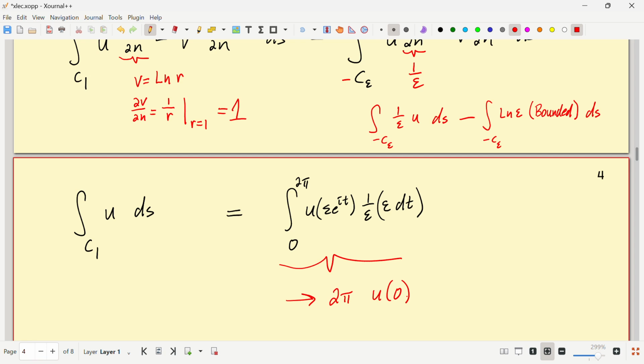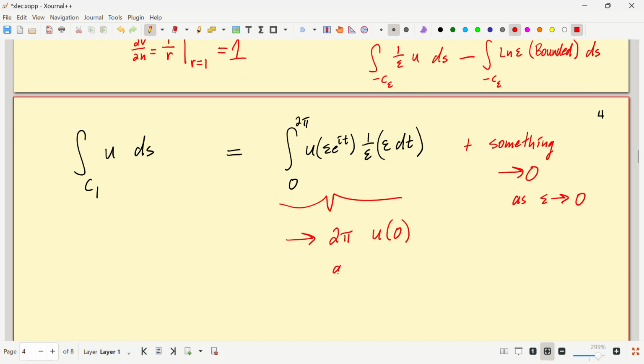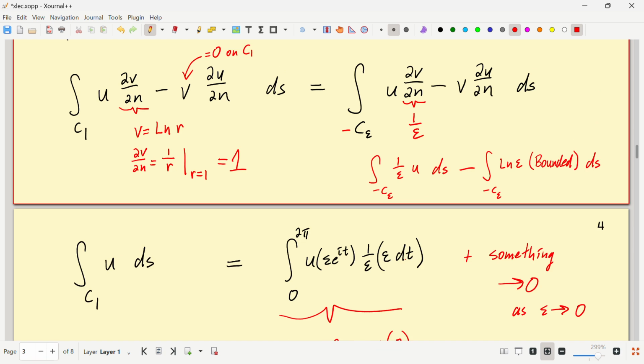So I claim that this last thing is going to go to 0, plus something that tends to 0 as epsilon goes to 0. Think about that. du/dn is the normal derivative of u going around a circle that's really small.